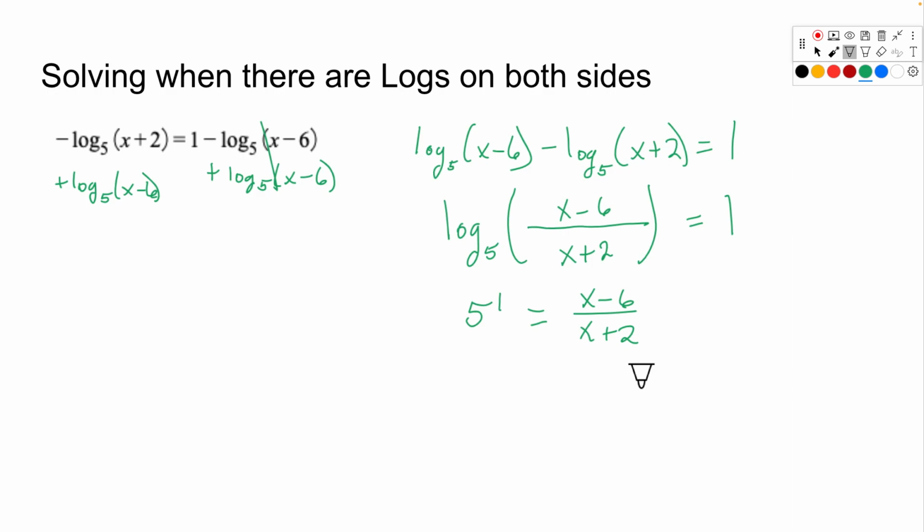Now when we get done with this, we're going to need to talk about domain. What can we not put in a logarithm? What gives us an error in a logarithm? Negative numbers or even 0. So sometimes we'll get an answer, but it won't work because if we plug it in, we get a negative answer or we get 0.